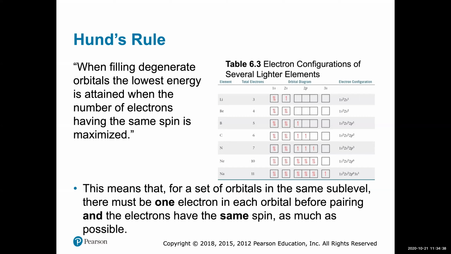You go on to the others, and as you go to the next ones, you start pairing up those 2p's. And then finally, when you get to neon, you've got them all paired. Sodium is when you go over and have filled up the 1s, 2s, 2p, and now you're starting onto the 3s.